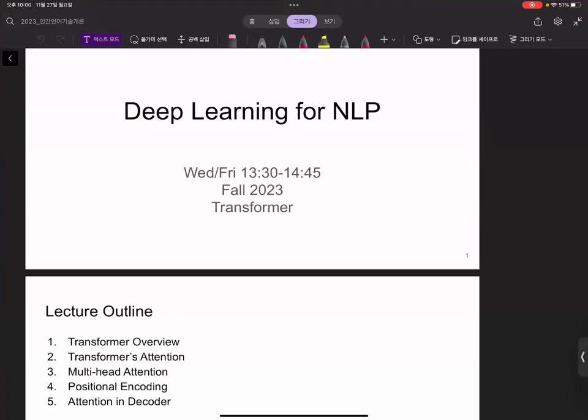This was proposed for the natural language processing field at first, but now we use this architecture, transformer architecture, for almost every AI-related field. This is the general purpose network.